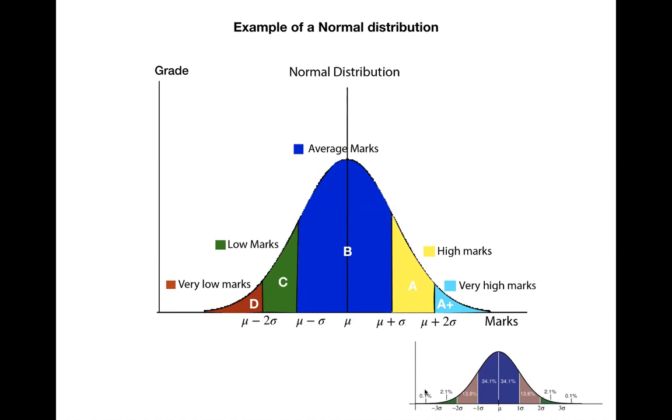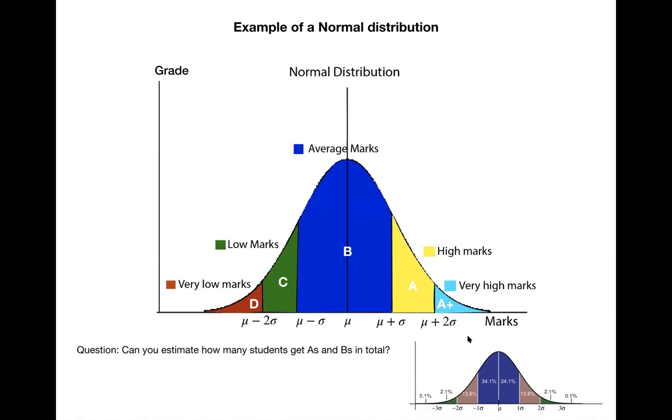So the question here, and if you remember the spreading, these are 31%, 34%, 13%, 2% in this way. If the student distribution for an exam follows the normal distribution, can you estimate how many students get A's and B's in total in terms of percentage? Which is relatively easy, right?